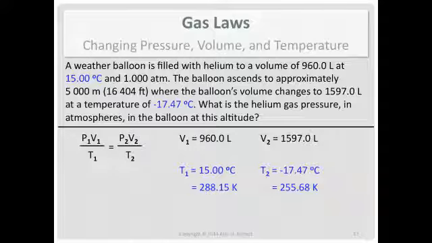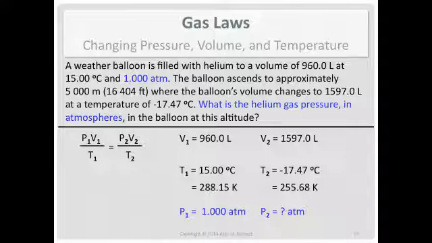And since both of those Celsius temperatures go to 2 decimal places, I have to keep the 2 decimal places in my Kelvin temperature. And then the initial pressure is 1.000 atmospheres. We want the final pressure, and that's also in atmospheres. So we don't have any other unit conversions to worry about.